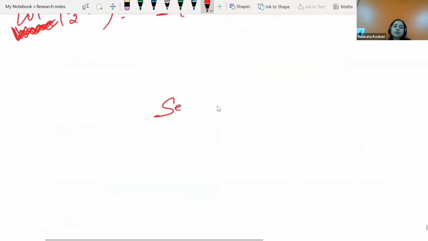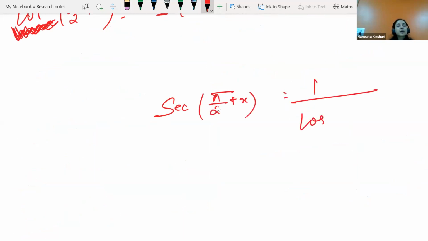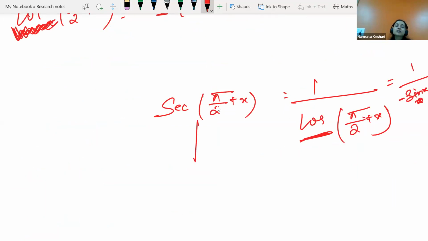Sec of pi by 2 plus x means 1 by cos of pi by 2 plus x, and this cos is negative in the second quadrant, right? Cos will change to sine, but since it is negative in the second quadrant, the output it will generate is negative sine x. And that's why sec of pi by 2 plus x is minus cosec x. Getting it? Yes or no?